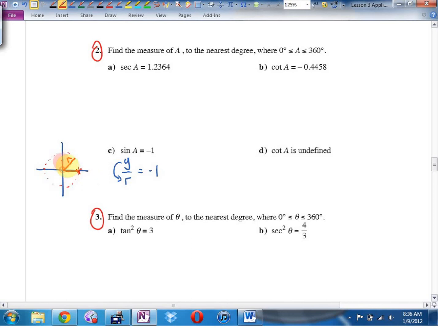Right here, the y value is the same as r, but positive. Right here, the x value is the same as r, but negative. But right here, the y value and the r value are the same, and the y value is negative. And so I say to you, my child, what angle is that?